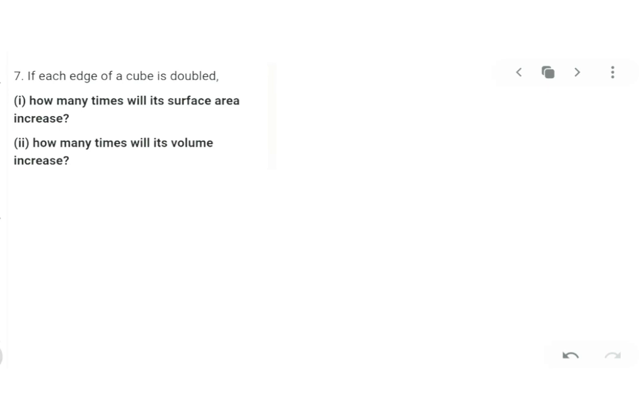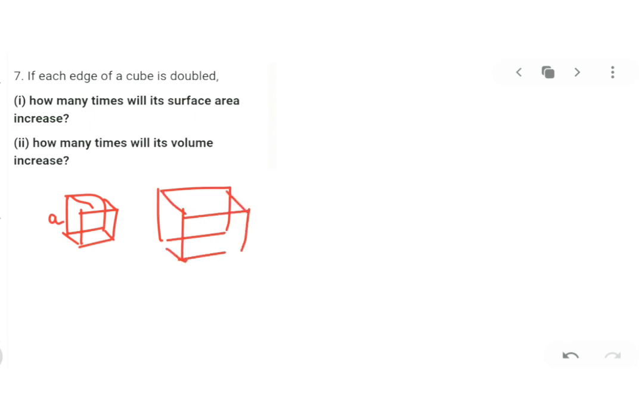Problem number 7 says, if each edge of a cube is doubled, how many times will its surface area increase? So let's see, it's a cube. Each cube side is doubled. So first it was, suppose I'll put it as A, and my other cube which is of side 2A, can we put it like this?